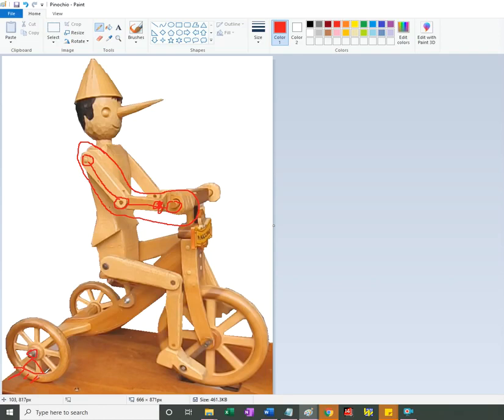There is a friction wheel inside that drives the tricycle front wheel, and then again, assuming this is rigid, we have the same story here, although this is immobile or moves together with the entire character.